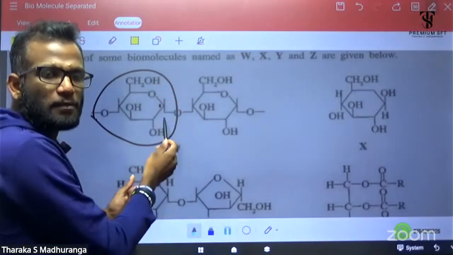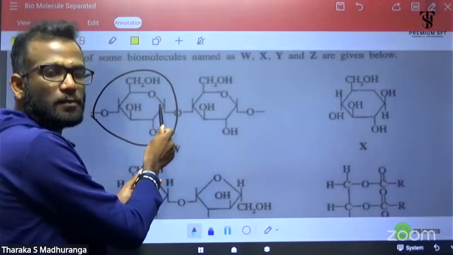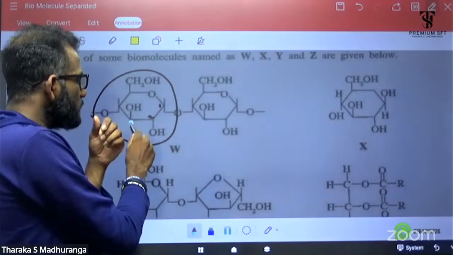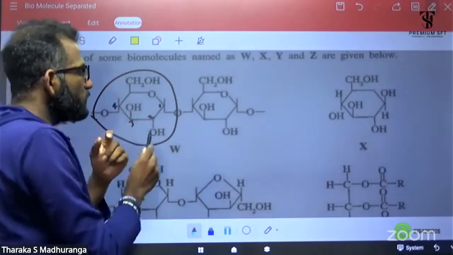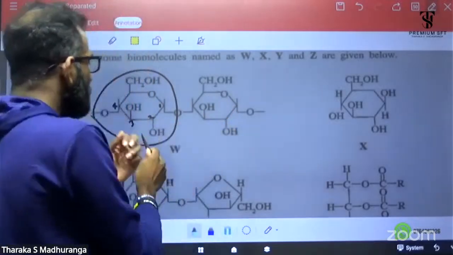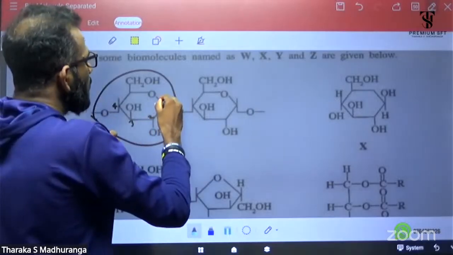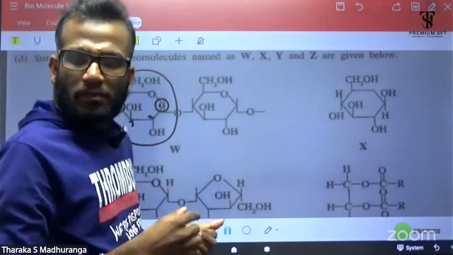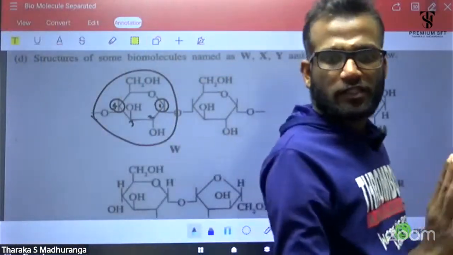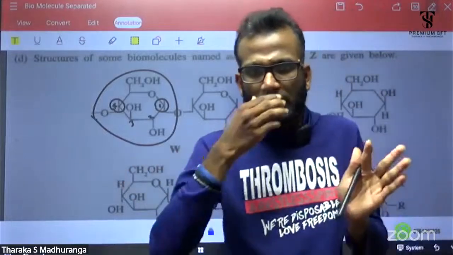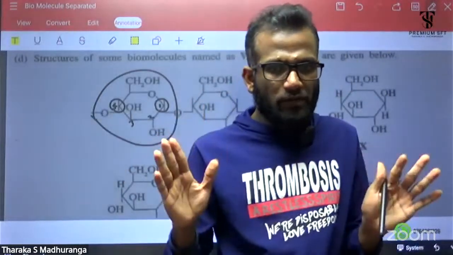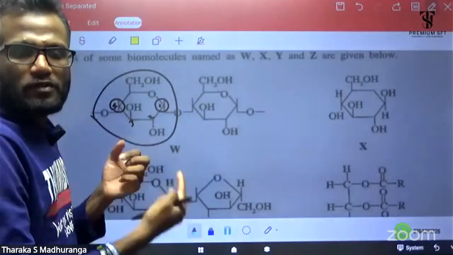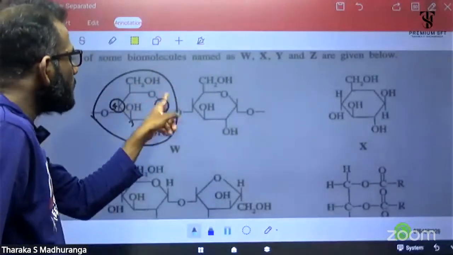This is carbon number 1, this is carbon number 2, this is carbon number 3, and this is carbon number 4. Carbon number 1 and carbon number 4 are very important for identification. By the shape of the monosaccharide, if it is hexagon shape, it is glucose or galactose, not fructose. But we can identify the exact monosaccharide by the first carbon and the fourth carbon.